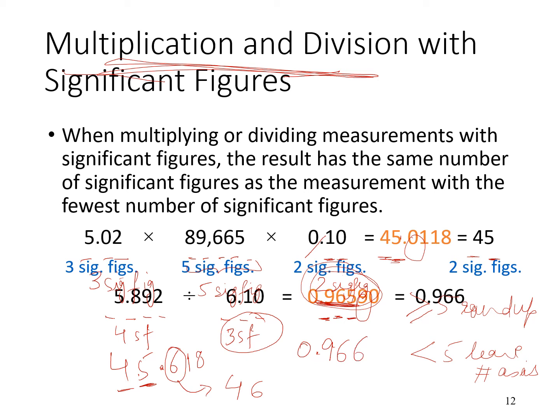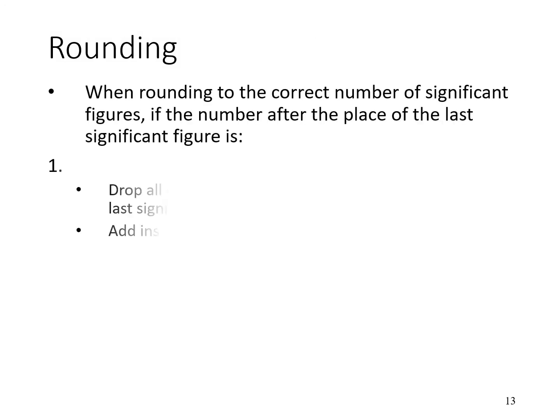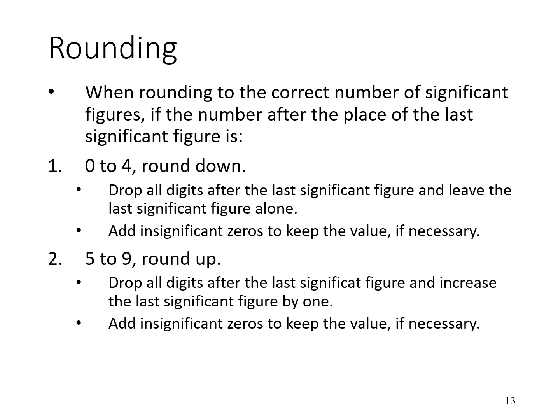You basically just add 1 to the last significant number that you see. So that is what rounding up and rounding down means.